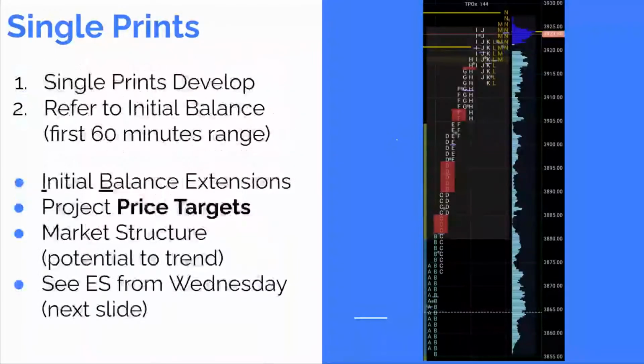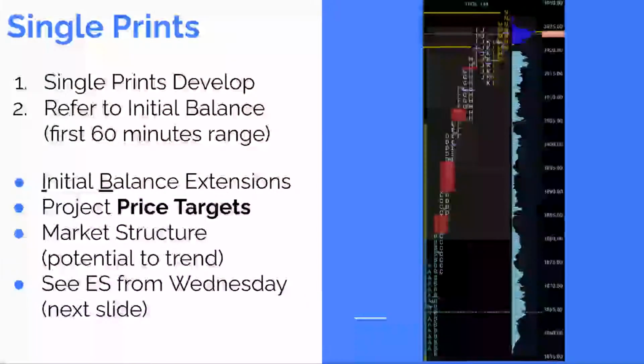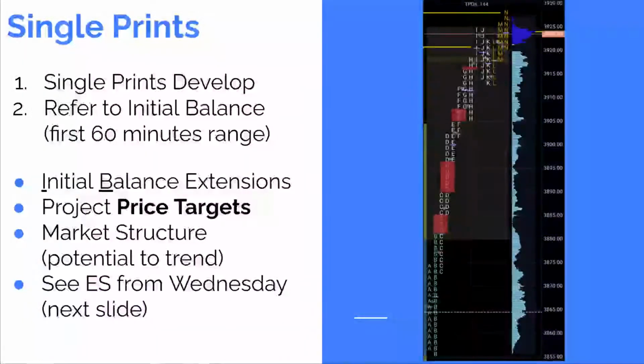Okay, so when single prints develop, this is kind of a setup here, or if you are looking for some key things in terms of how to employ this information, this would be a screen you can look at. In fact, this graphic on the right was from yesterday. This was the ES. I'm trying to use real fresh information.